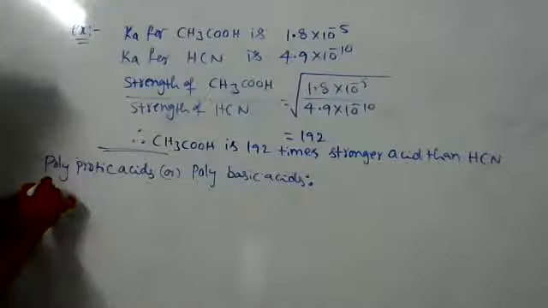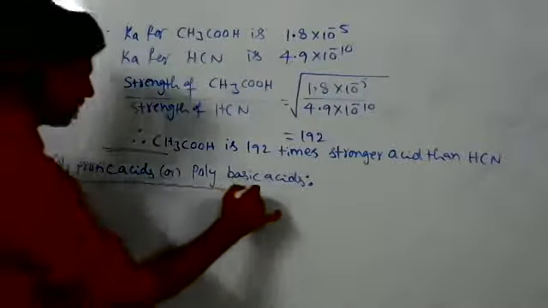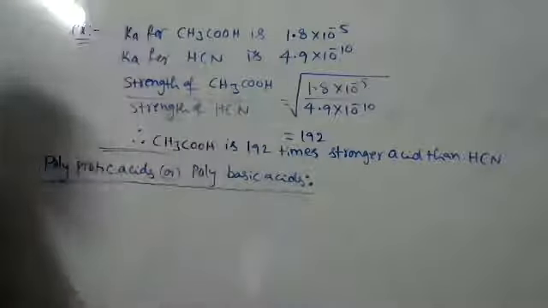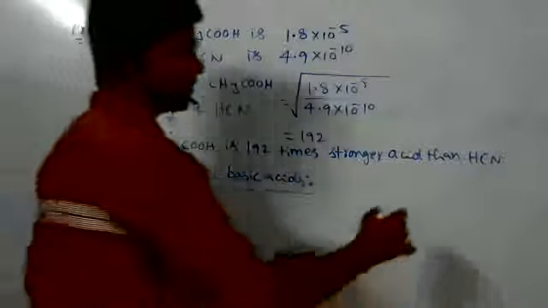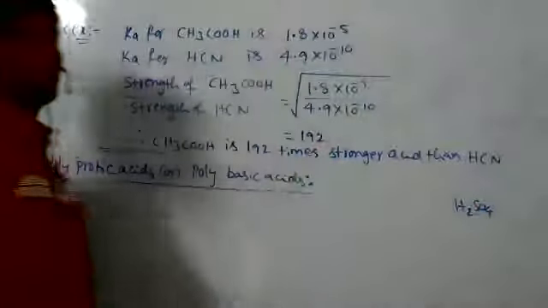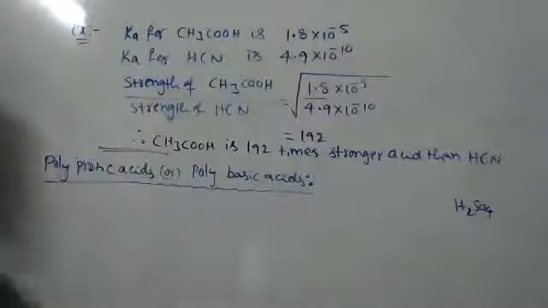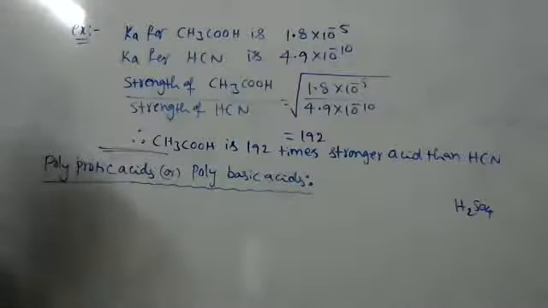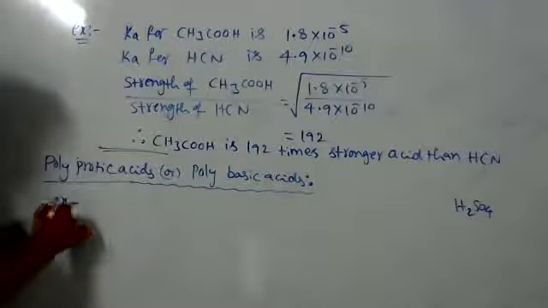See, this means some acids have the ability to give more than one H plus ion. H2SO4 is able to give 2 H plus ions. Phosphoric acid, H3PO4, is able to give 3 H plus ions. Carbonic acid again gives 2 H plus ions. These are called polyprotic acids. No need for any explanation, write two equations.